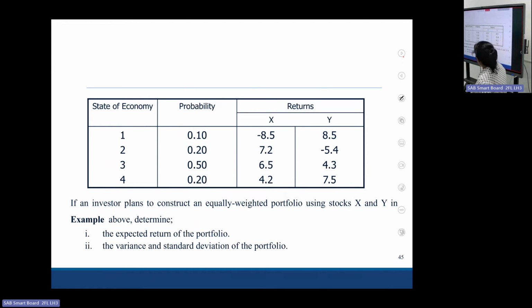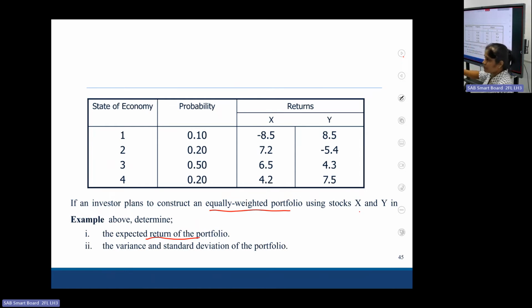Suppose you are going to construct an equally weighted portfolio. Equally weighted portfolio, 50-50. Sometimes it can be 60-40 or 20-80, so it can be changed, right? This is an equally weighted portfolio using X and Y. So calculate the portfolio expected return.